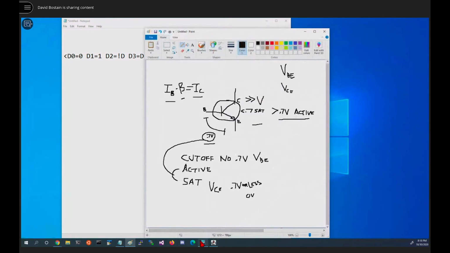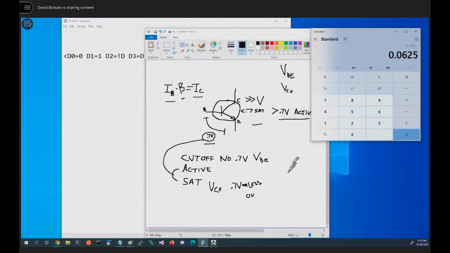We're most likely to get a problem that says things like, there's 2 volts, what happened to my thing here? There's 2 volts on VCE. You will work a problem that has a resistor of some value, a battery, and a resistor, a diode, and a battery, and you'll determine that you do have 0.7 on VBE.